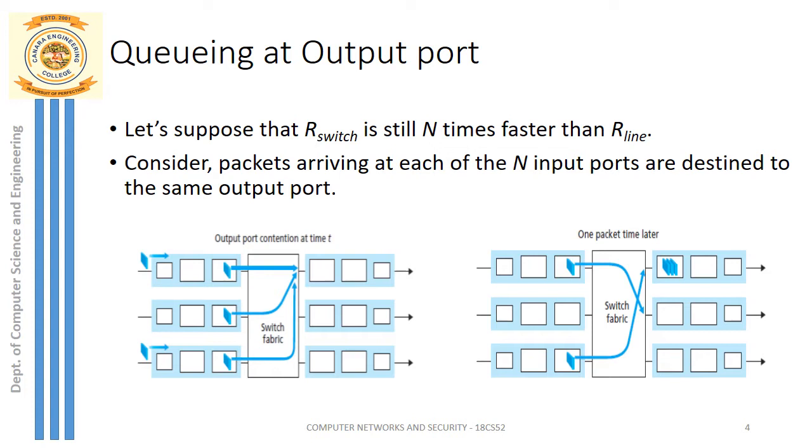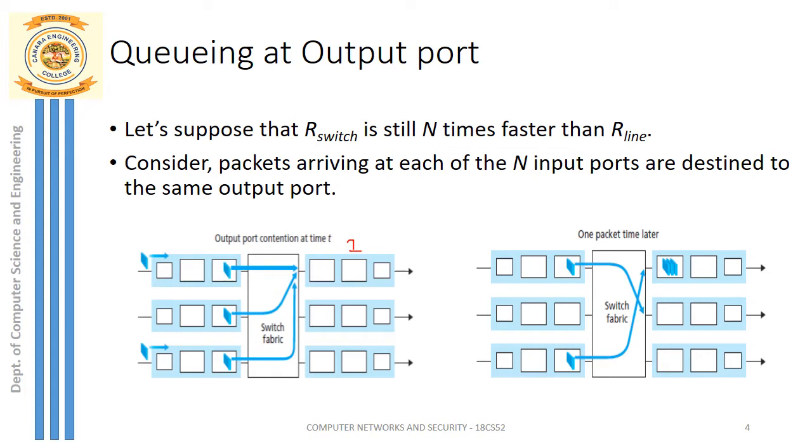And all these 3 packets are destined to the same output port, the topmost output port. Now what happens one packet time later? Since the switching fabric is n times faster than the input port, all the 3 packets will be transferred to the output port at a time.